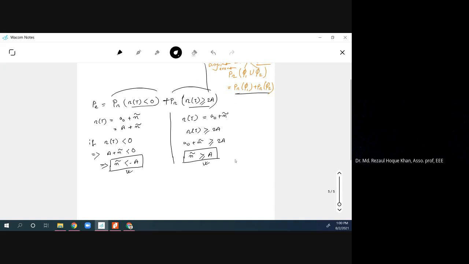Error happens for both conditions, this one and this one.